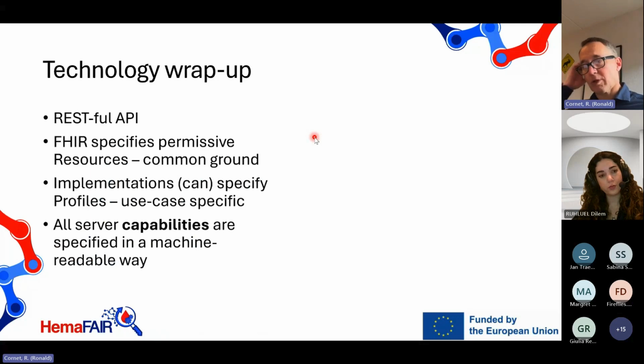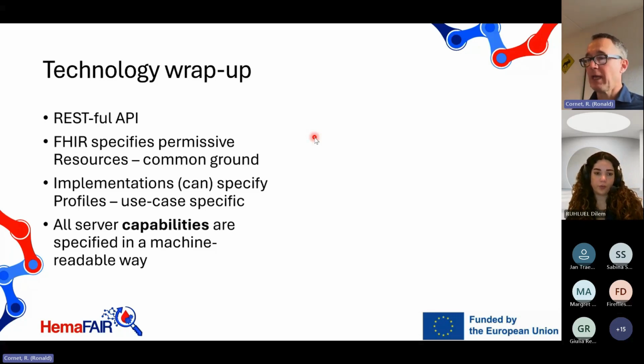So to almost come to a conclusion on the technology part, HL7 FHIR provides a RESTful API with web requests, HTTP requests, and JSON or XML or RDF responses.